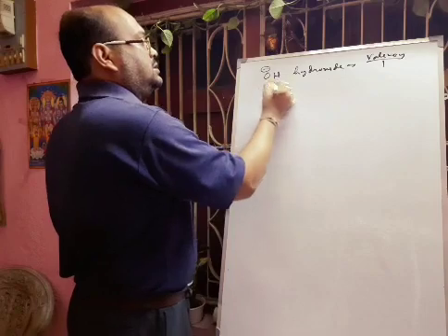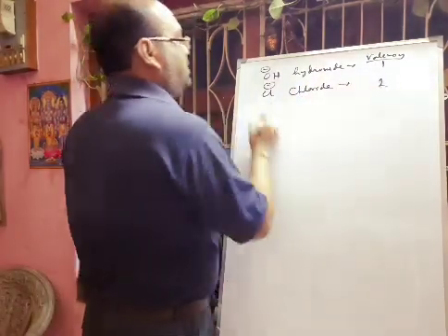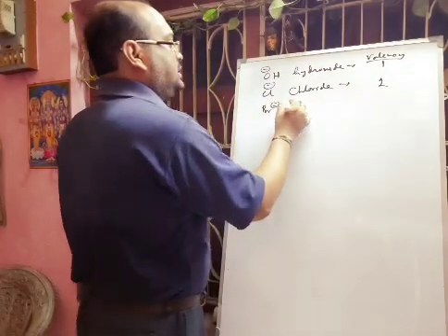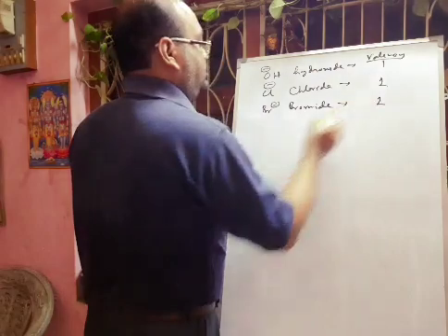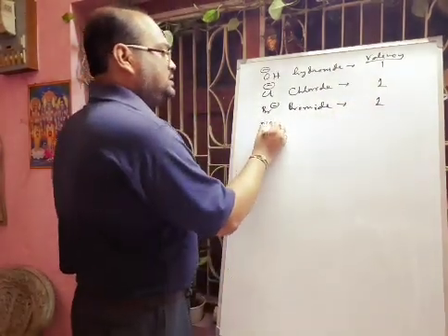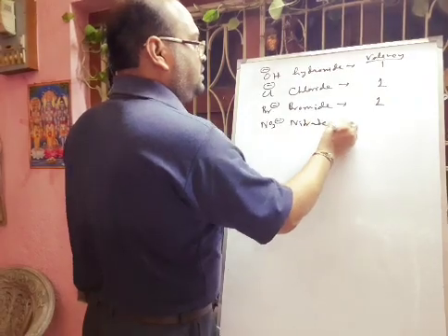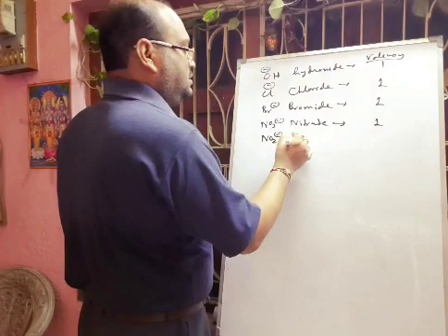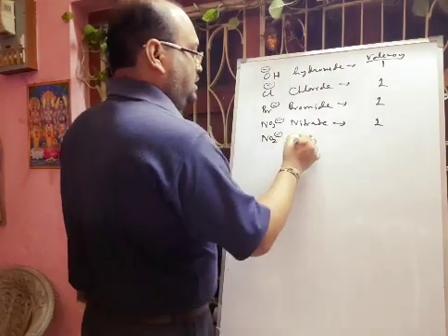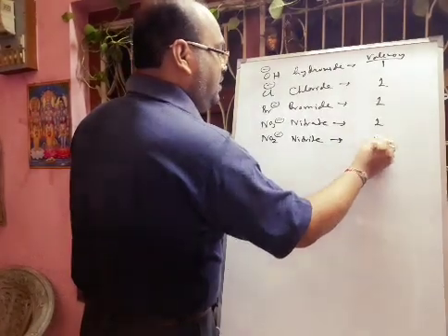Cl minus, this is called chloride, its valency will be 1. Br minus, this is called bromide, its valency will be 1. NO3 minus, this is called nitrate, its valency will be 1. NO2 minus, this is nitrite, its valency will be 1.